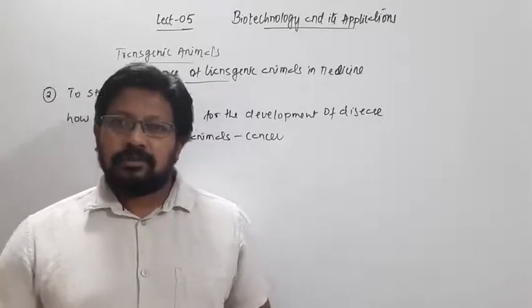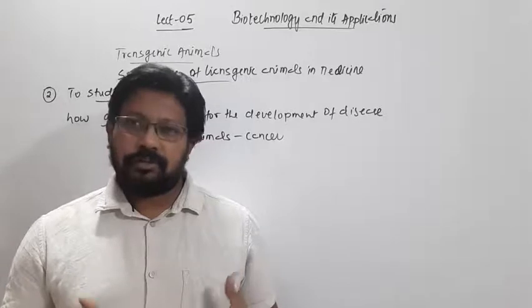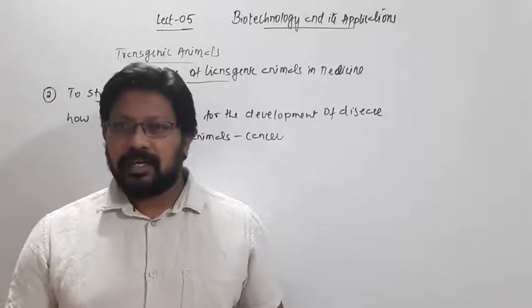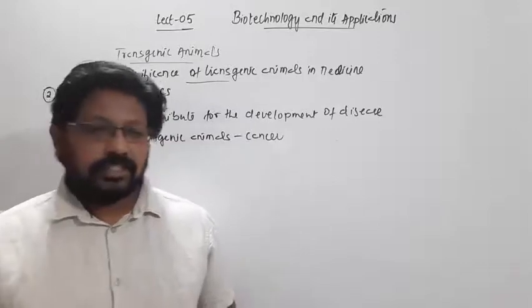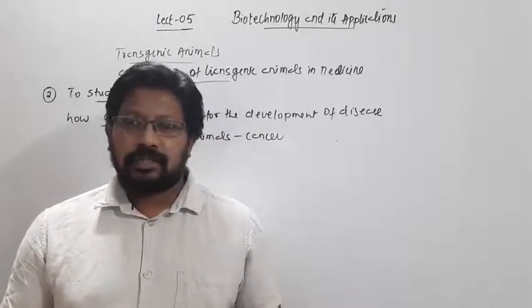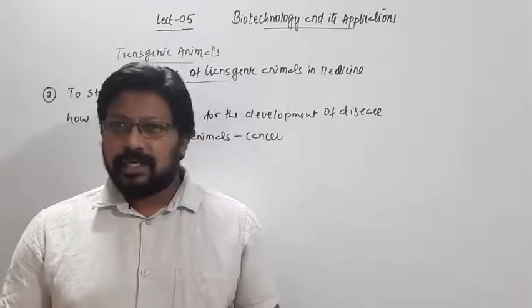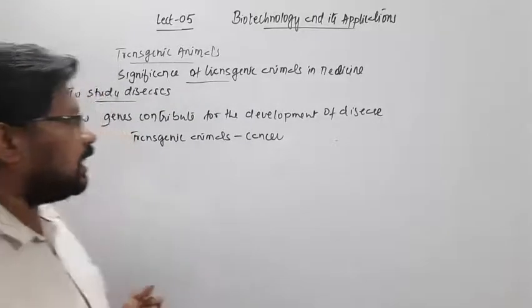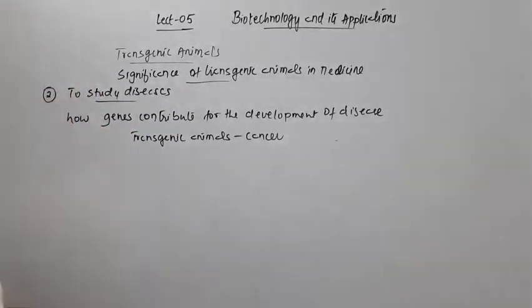So what factors will cause those genes to get activated, and how they are being regulated, we can study by introducing these genes, which are isolated from human DNA, into the mice, and see how they are functioning.